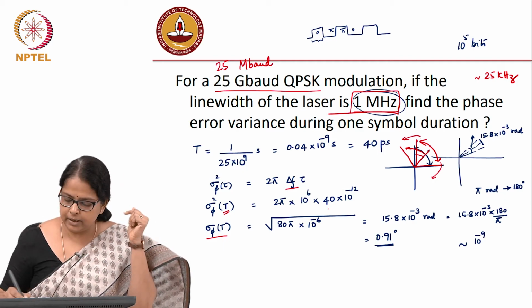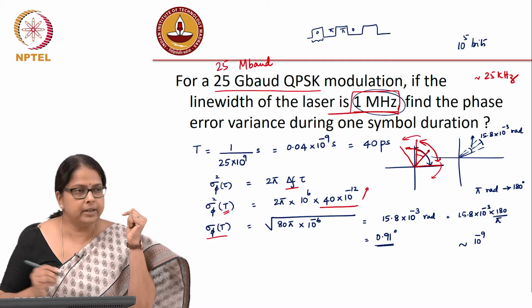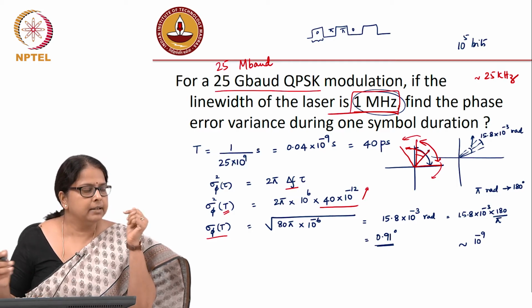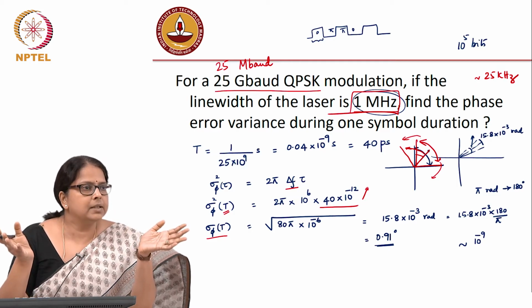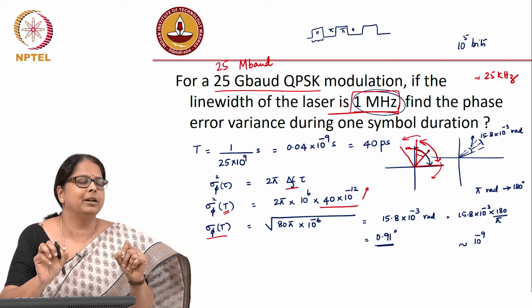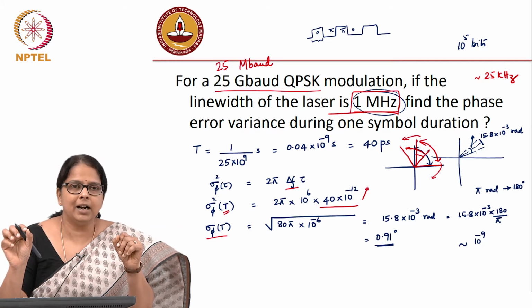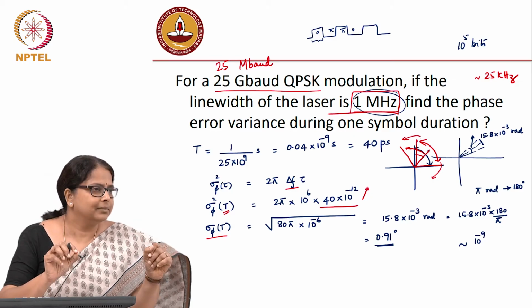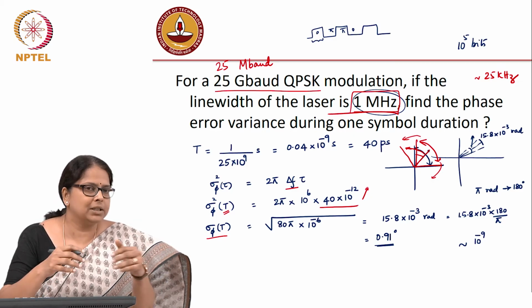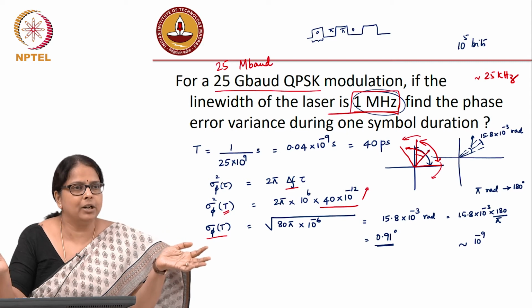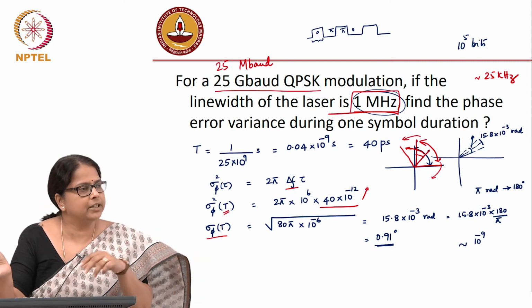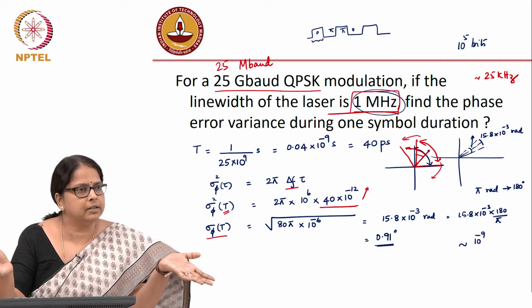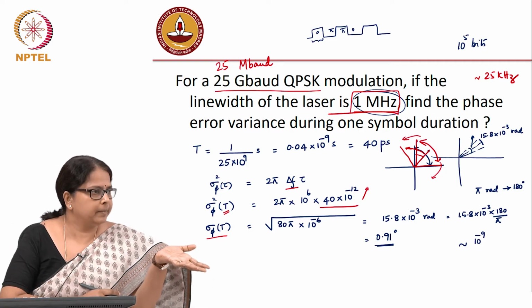It increases. When the symbol duration increases, this number is going to increase, and the phase error variance will actually increase. Phase modulation is very hard when you do signaling at lower baud rate, because the number of symbols it can tolerate without jumping constellation or without causing significant phase error variance is going to be smaller.